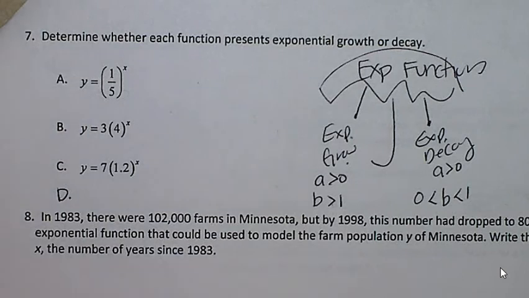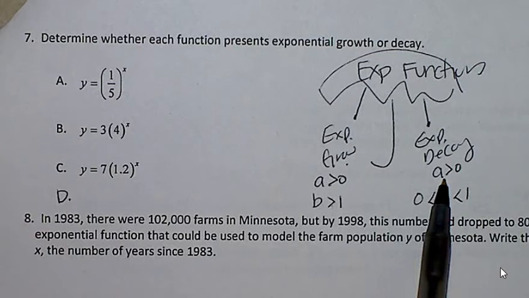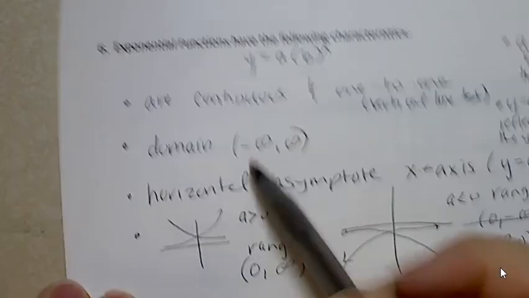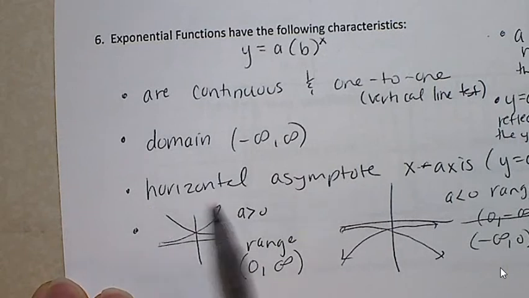If I asked you to compare exponential growth and decay, can you see how they both have a greater than 0? Because a is greater than 0 for both, both equations, decay and growth, will be above the x-axis, okay?